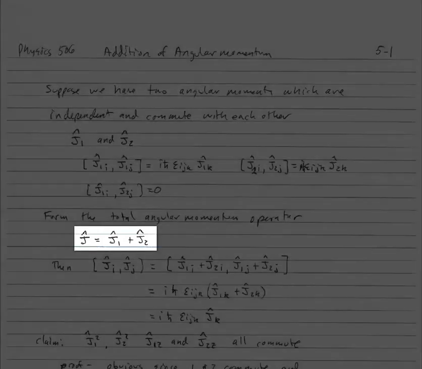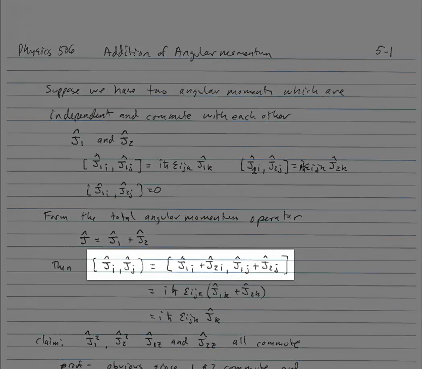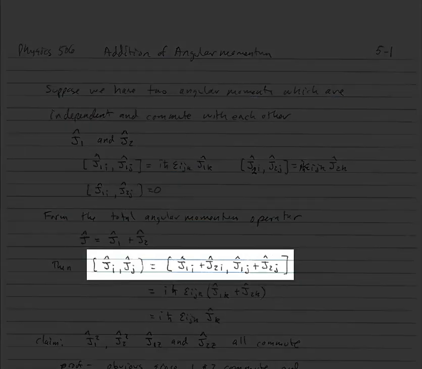And now we're going to compute the algebra of J1 plus J2. So we're going to look at the commutator of J1 plus J2. We simply substitute in the definition. So I get a J1i plus J2i commutator with a J1j plus J2j. Now there are four terms here, but the cross terms are all 0 because the commutator of J1 with J2 is always equal to 0.